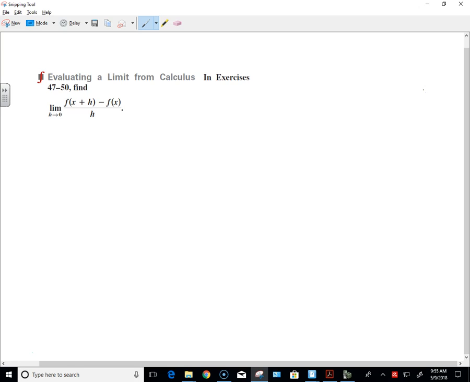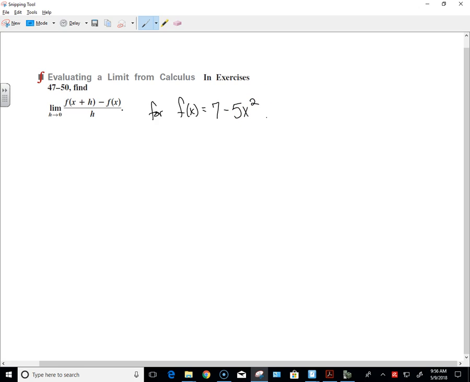Okay, you ready? I'm giving you the formula, spoiled rotten. I want you to evaluate the difference quotient for f of x is equal to 7 minus 5x squared.